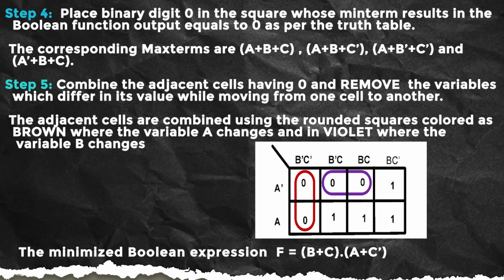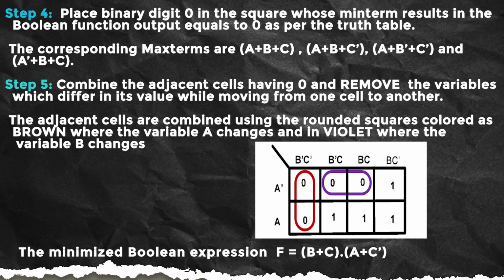Now, as we had done in the previous case, combine the adjacent cells having 0 and remove the variable which differs in its value while moving from one cell to another. The adjacent cells are combined using the rounded squares colored brown.